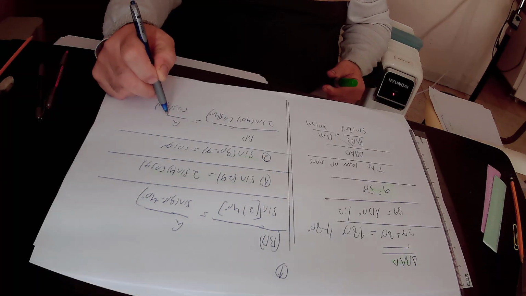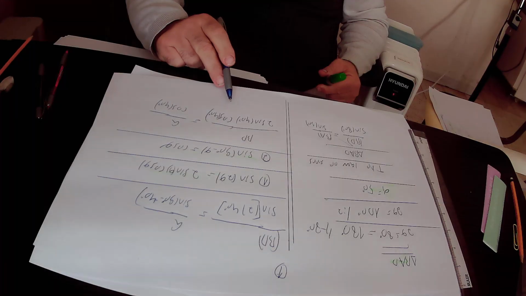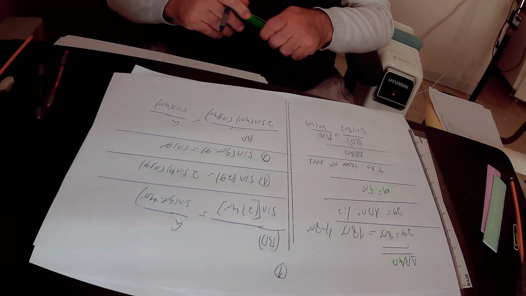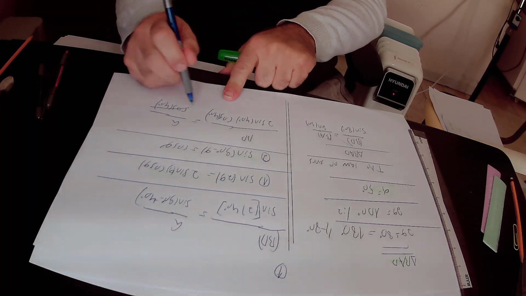So in total, BD over 2 times sine 40 degrees cosine 40 degrees equals A over cosine 40 degrees. Here we have cosine 40 degrees on both sides of this equation, so cosine 40 degrees will get cancelled.